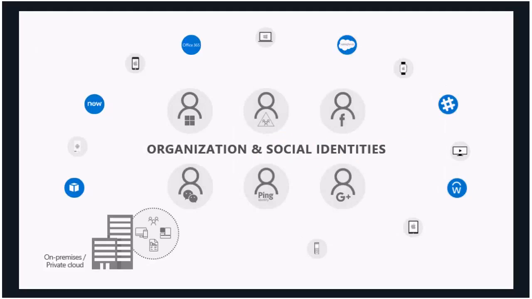Okay, so the net result of what the landscape looks like today is that we actually have many, many identities. I'll just use my example for a second. Personally, as a security architect, I have 3 different identities for 3 different social media platforms. I have an identity for my Microsoft account.